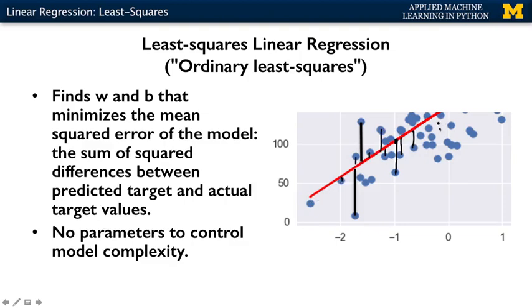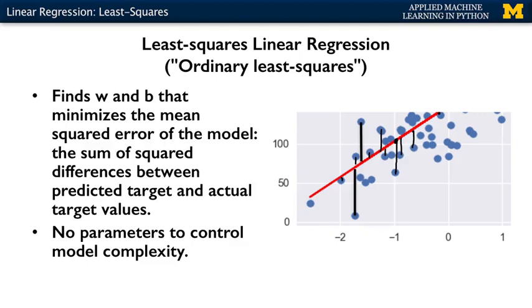And then if we add all these up and divide by the number of training points, take the average, that will be the mean squared error of the model. So the technique of least squares is designed to find the slope, the w value, and the b value, the y-intercept, that minimize this mean squared error.